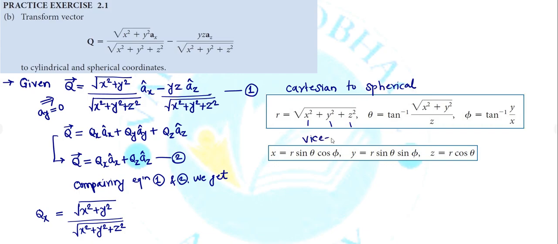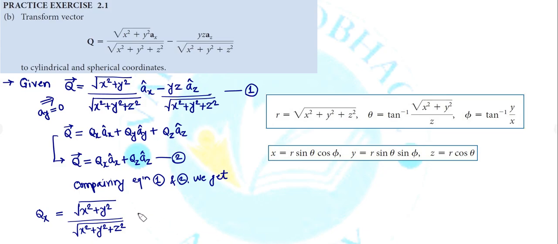That means if you have the spherical values, that is for its r, theta and phi, then you can get the values of the Cartesian system, that is x, y and z. So we are going to make use of these two expressions over here. This is just for your reference purpose. It is not expected that you should write this whole thing in your theory exam. I am talking from the theory exam perspective.